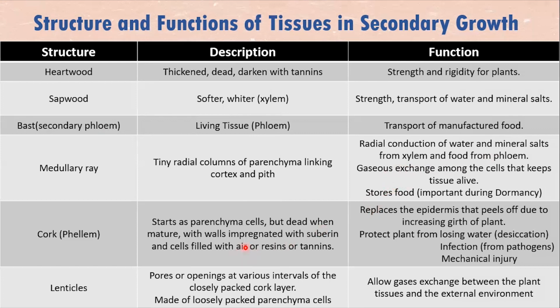You have the cork, which protects the tissue from losing too much water, from infection, from mechanical damage, and it replaces the epidermis as the epidermis peels off due to increasing girth. Then you have the lenticels, pores that allow gases in and out.